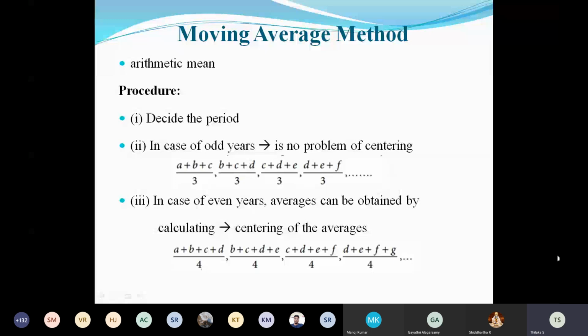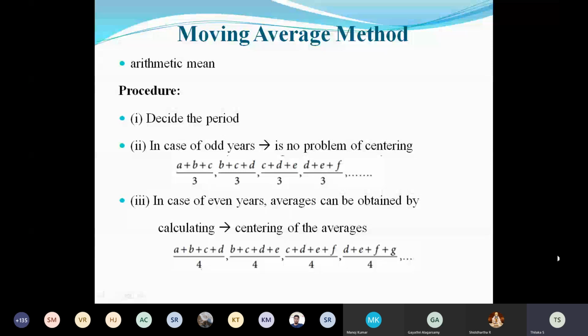If you don't find any difficulty writing the values in between the years B and C for even years, that's up to you. If you find it difficult to plot the points, then you can follow the process of centering. In the process of centering, you have to get the first average and the second average.